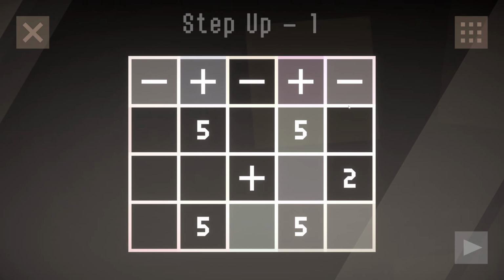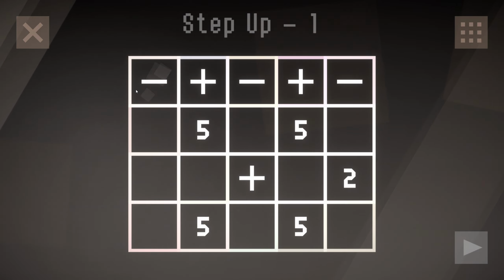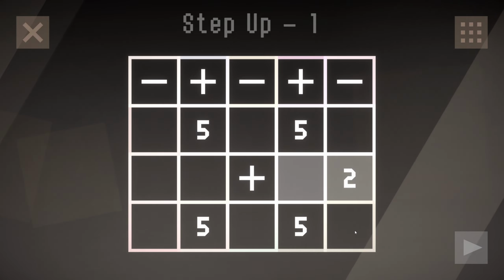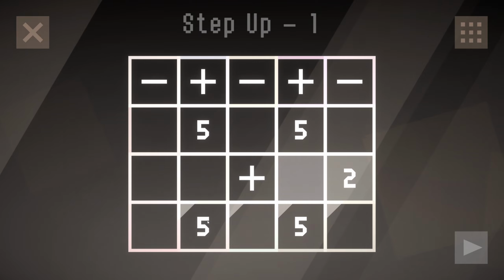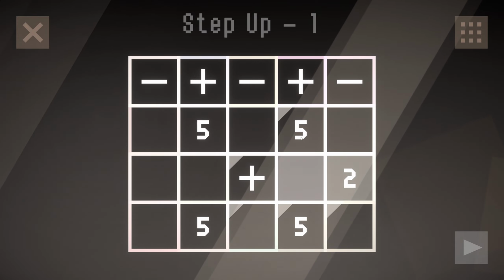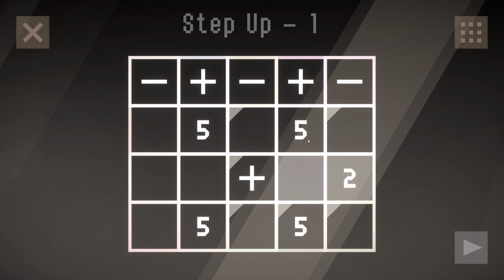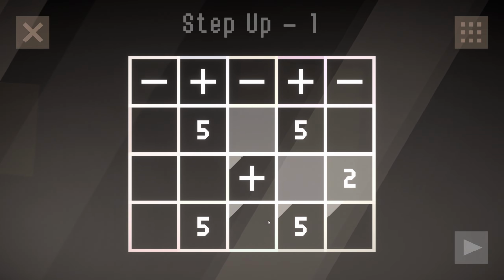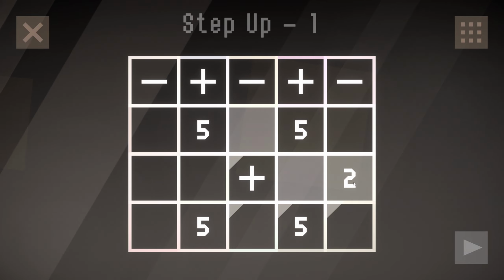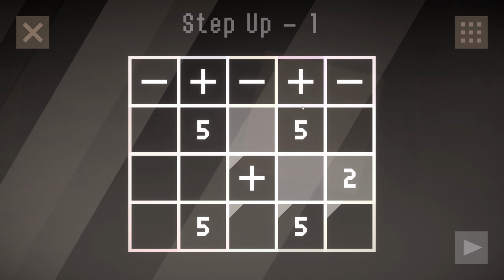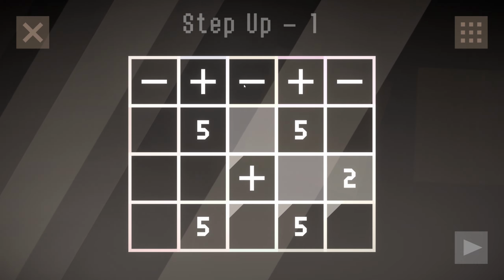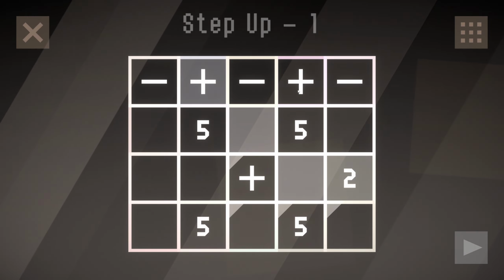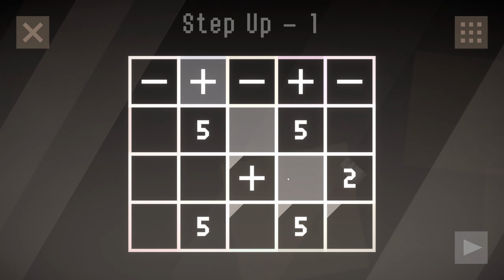This 2 on the edge is interesting. If we do this, then this has to be 1, 2, 3, 4, 5 or something. Which means that would have to be the case. To keep this as 2. But then we go 1, 2, 3, 4, 5, and that can't be with 2 negatives in it.